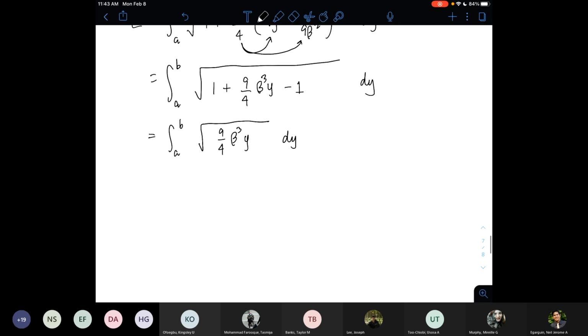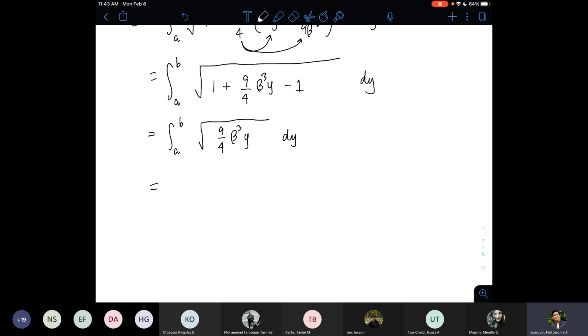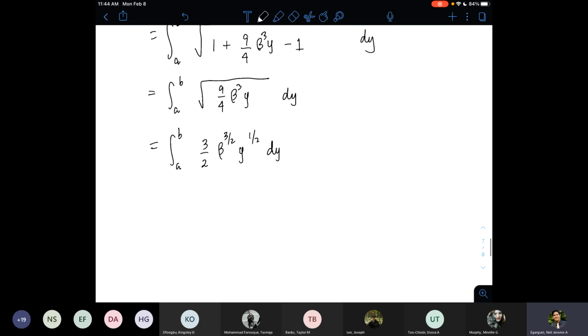And then since we are asked to find the arc length, I need to keep on simplifying this until the integral would be gone. But I could free some things up from the square root. So we can have a 3 over 2 here, and then beta to the 3 halves times y to the 1/2 dy, right?